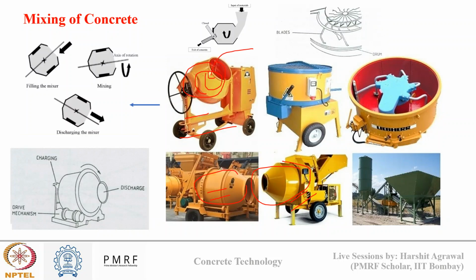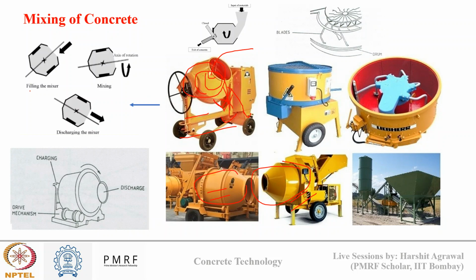Suppose you are pouring material from the top, and for discharging you tilt it; if you have a more workable mix, the ingredients in the concrete batch may separate while discharging. So that's why it is generally used for a low workability mix.